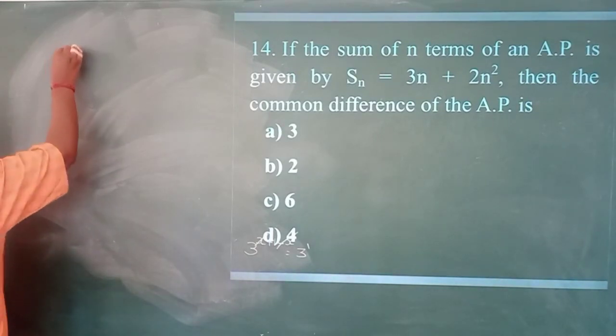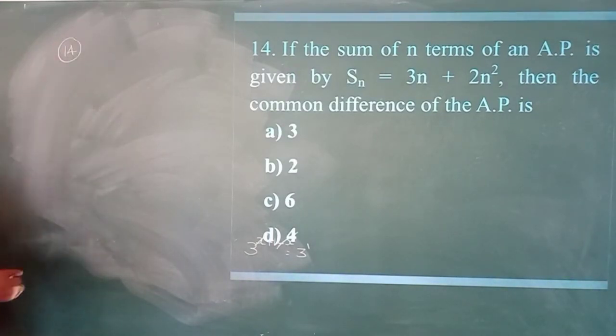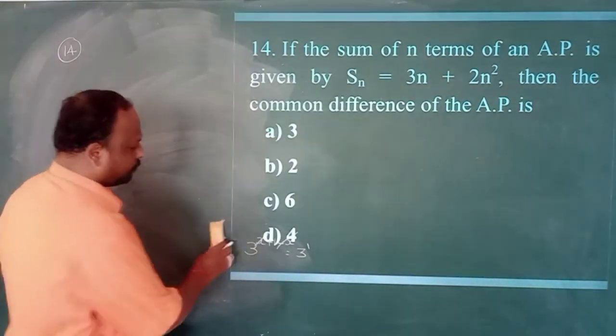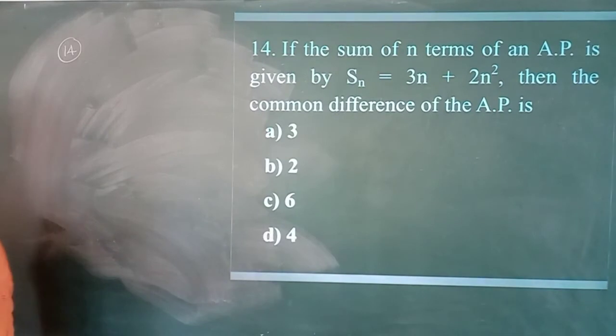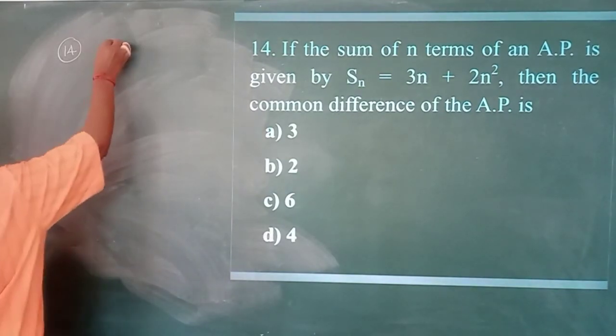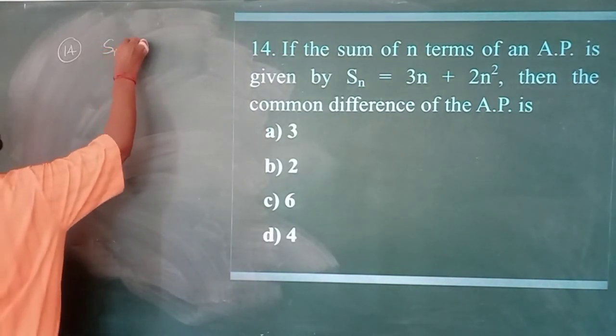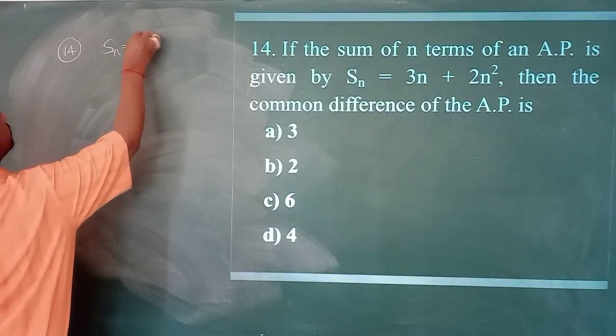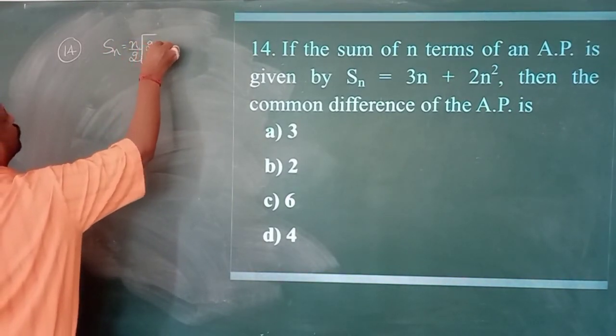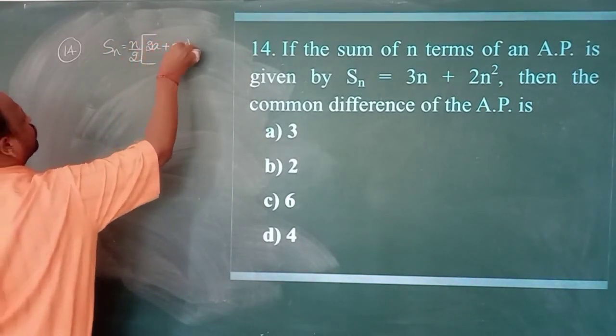Fourteenth one. Observe the 14th one. If the sum of n terms of an AP is given by the expression, find the common difference. For this, there are many methods. So before going to that, the Sn formula is n by 2 into 2a plus n minus 1 into d.